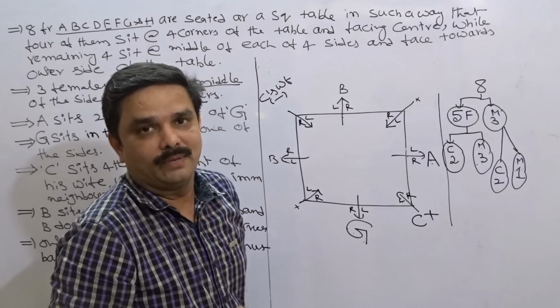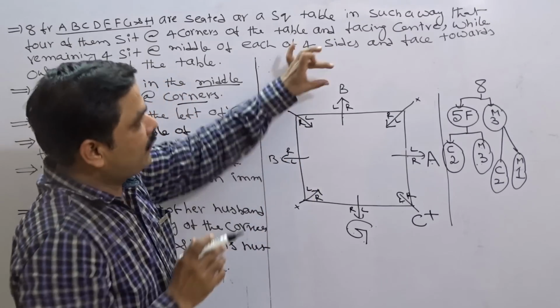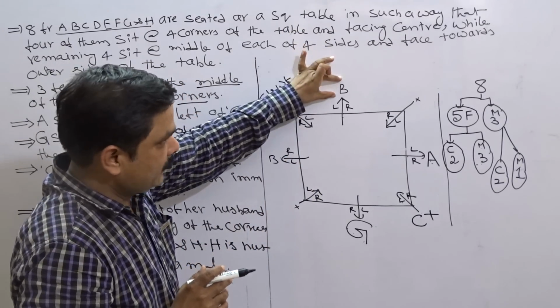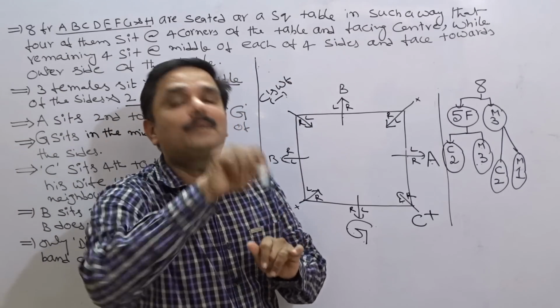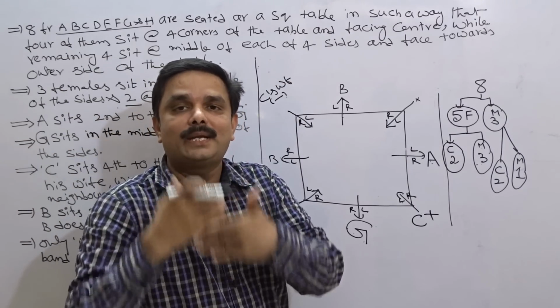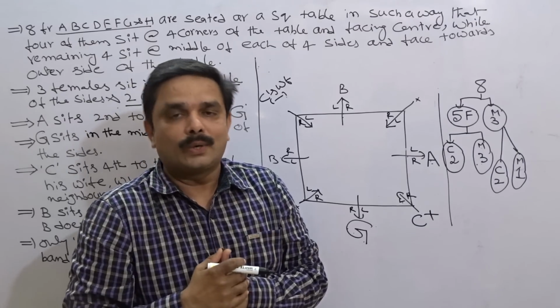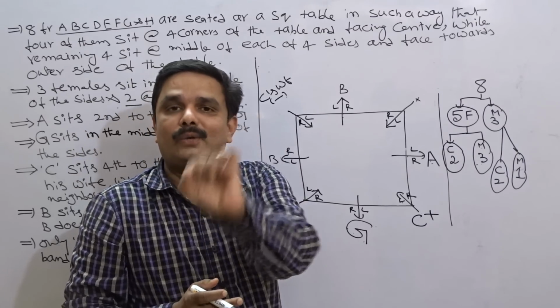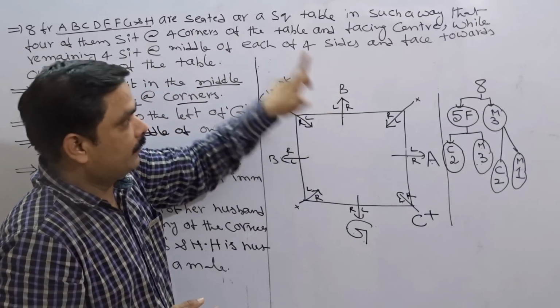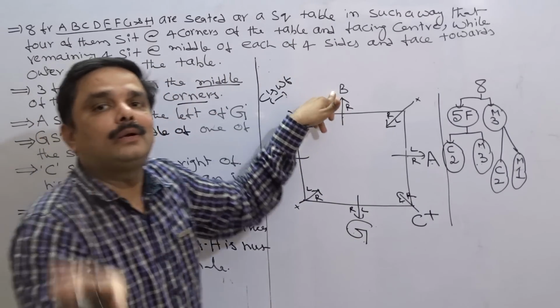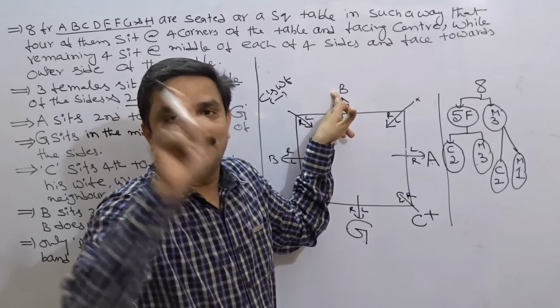B is a female they have given, right? What does it mean? If I keep B here, this place must be third to the right of one place. On that place, we need to accommodate B's husband. Hope you got the idea. B sits third to the right of her husband. If I keep B here, this place must be third to the right of B's husband's place.